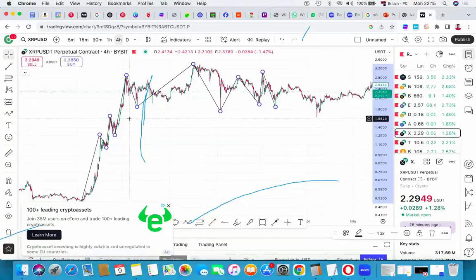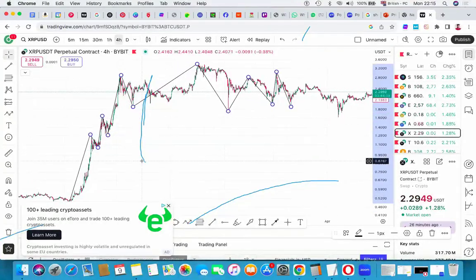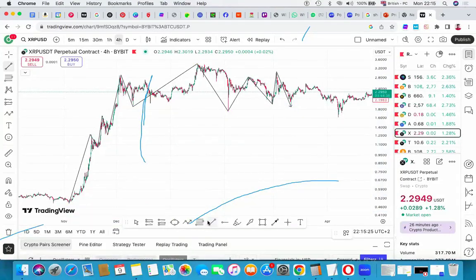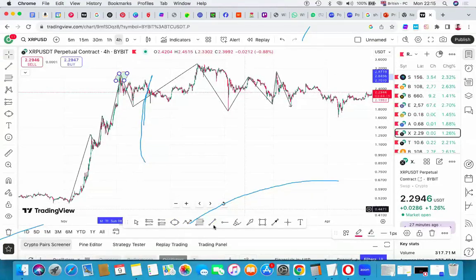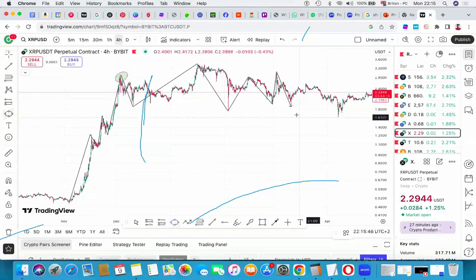So now, if I use this example, I first want to map out my structure. I already used my path to map out the trend. So overall we currently have an uptrend, but from this area here, let me use my trend line.